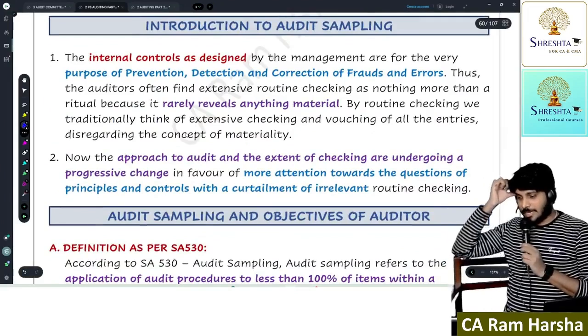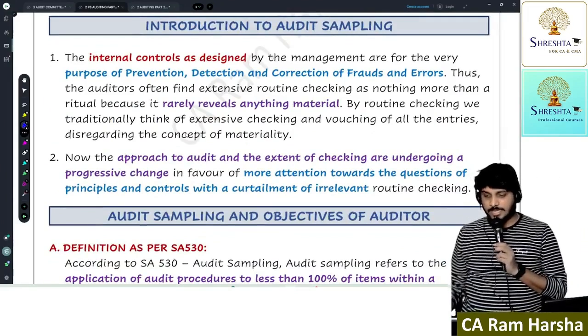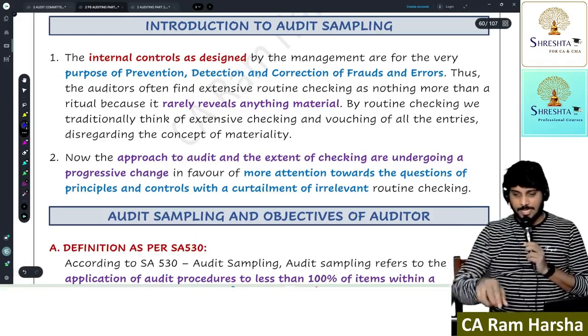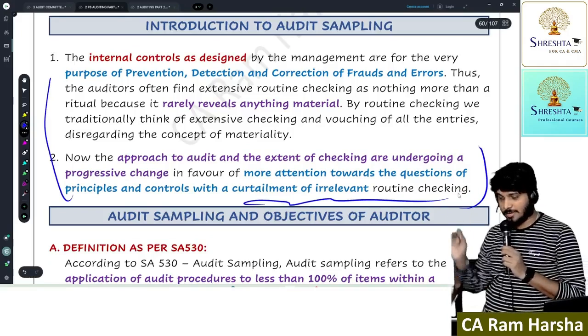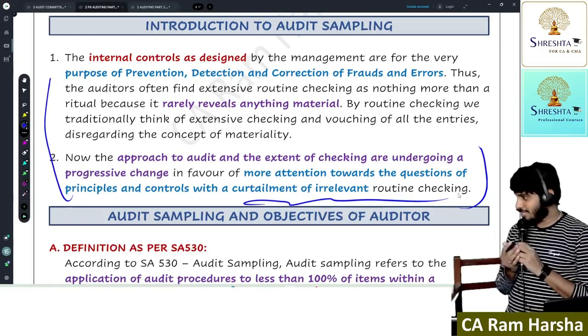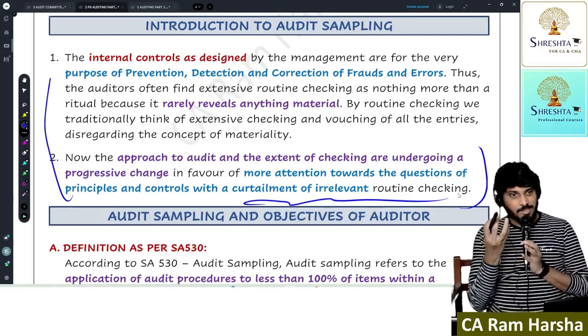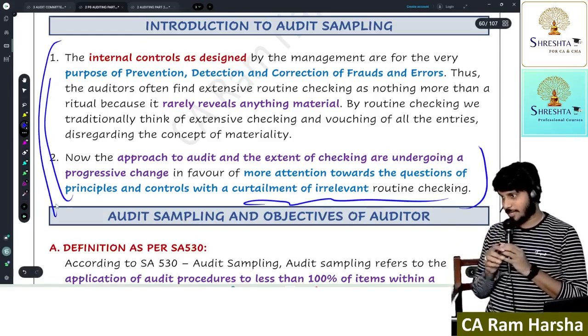In the previous exam, they gave a question related to this introduction. At the last there is another para which you will find in the main book. Getting it? Non-routine checking, routine checking, those are the wordings which they used. So they indirectly asked you about sampling.